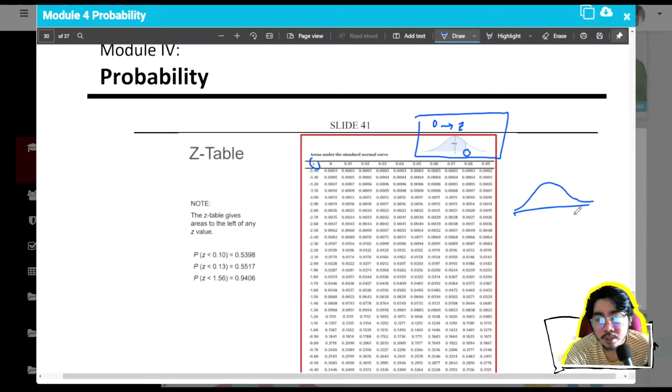For example, if you're testing whether something is greater than a certain value, you know it's a one-tailed test because you want to know if it's an outlier to the right side. So is it greater than this, that.